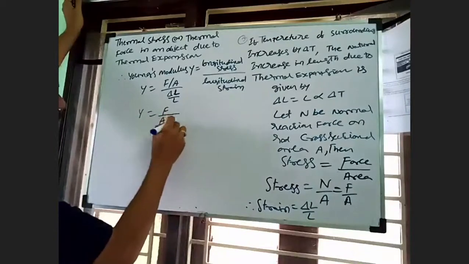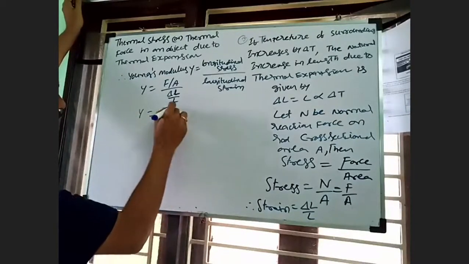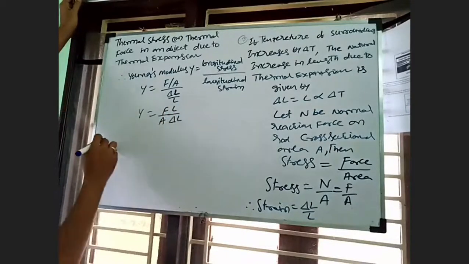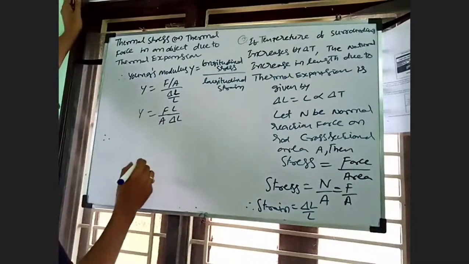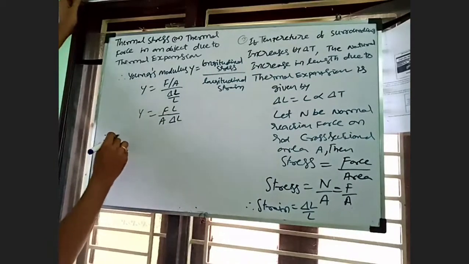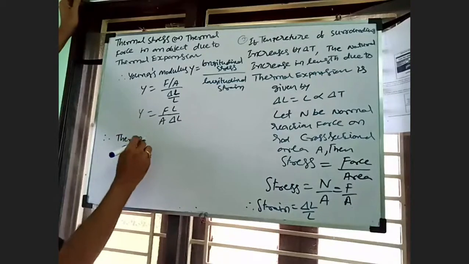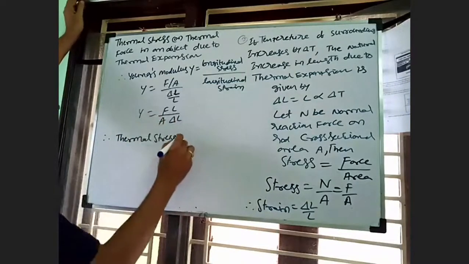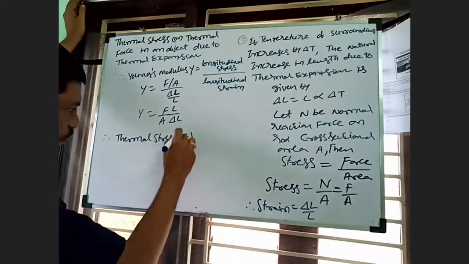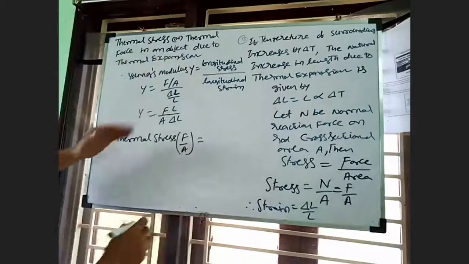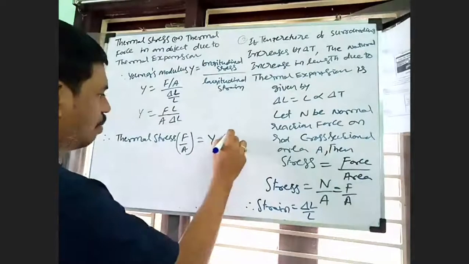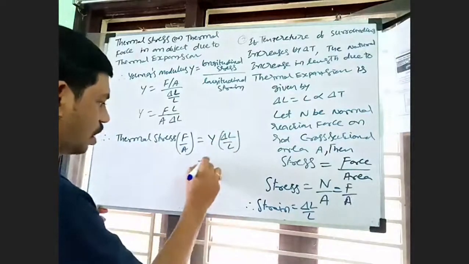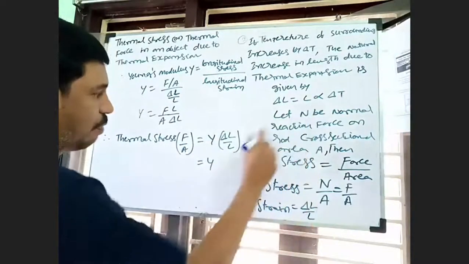So therefore Y is equal to F by A into L by delta L. Therefore, thermal stress: F by A is equal to Y into delta L by L. What is delta L by L?